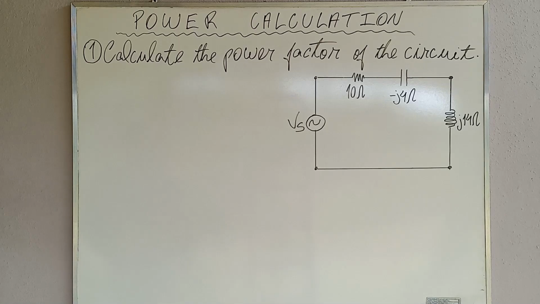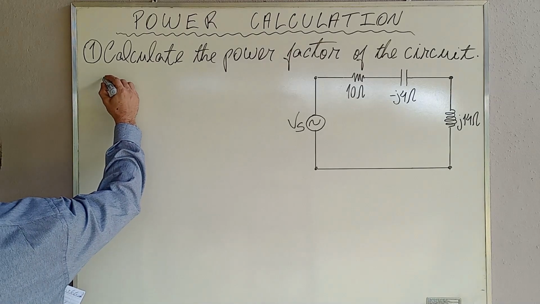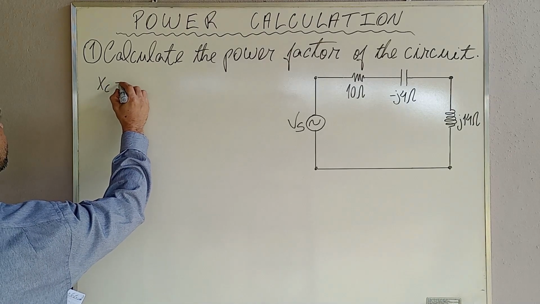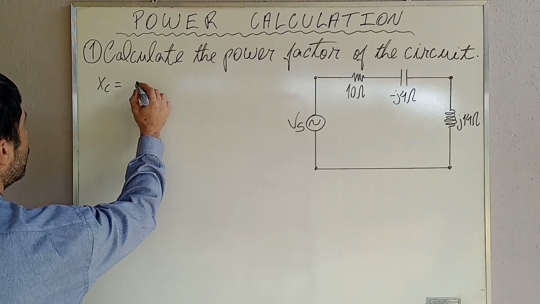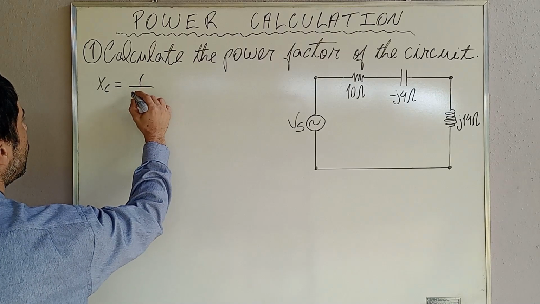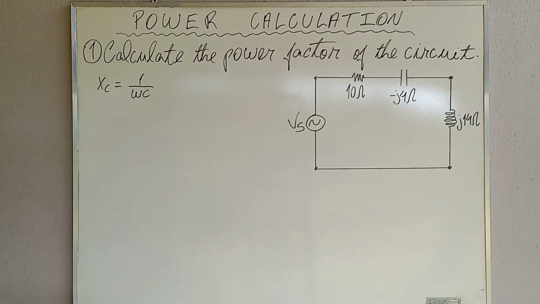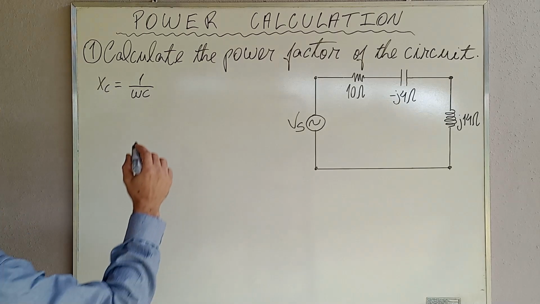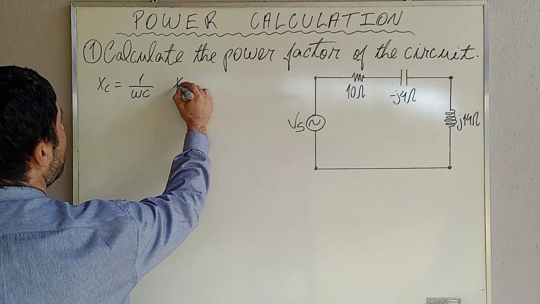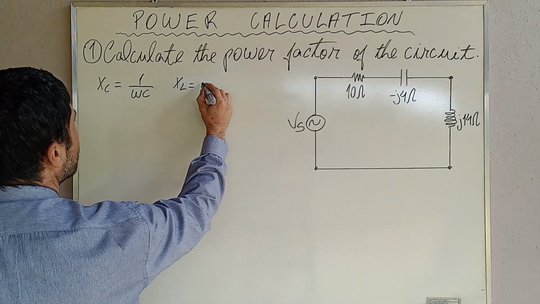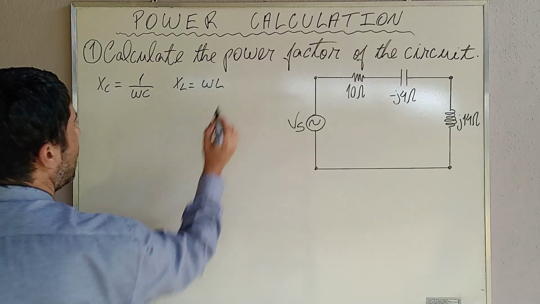The capacitive reactance can be represented as XC equal to 1 over WC, and the inductive reactance is represented as XL equal to WL.